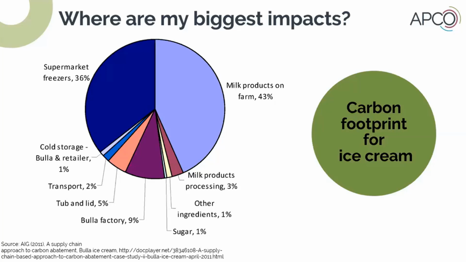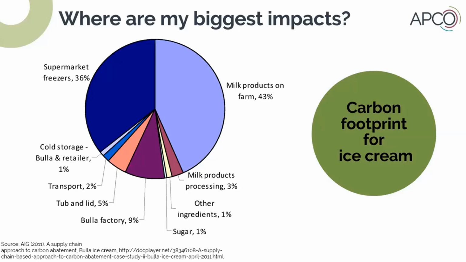And the interesting thing for this one was that it showed up that dairy farming was the biggest impact, so the on-farm impacts, methane emissions from cows, for example, nitrous oxides. That was a big one. Retail freezers, around 36%, you see on the left there. Bulla manufacturing, down the bottom there at 9%. And the packaging, the tub and lid, around 5%, which is not to say the packaging's not important, of course, because that's got its own impacts.